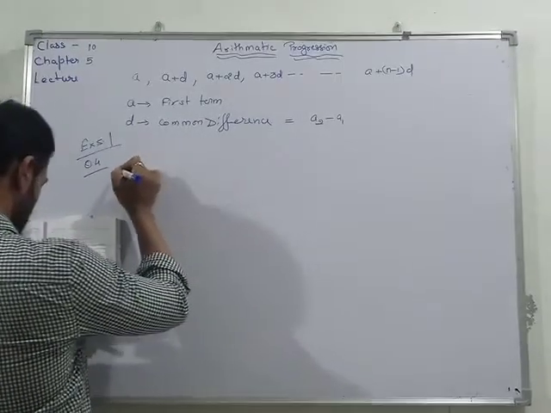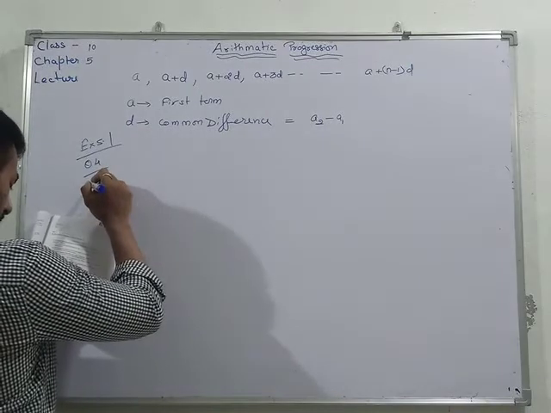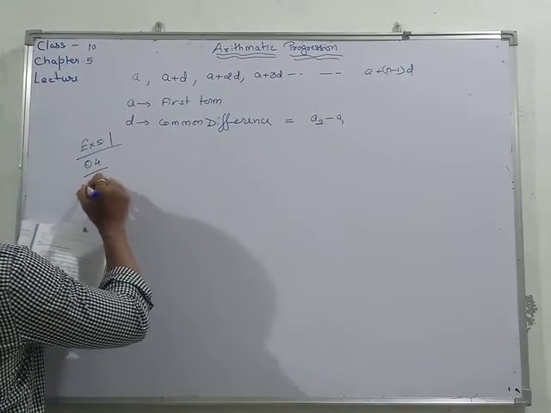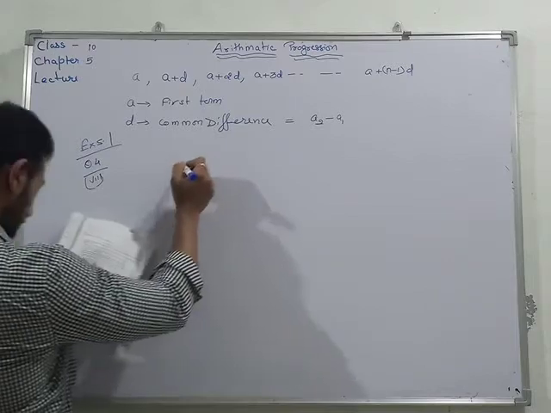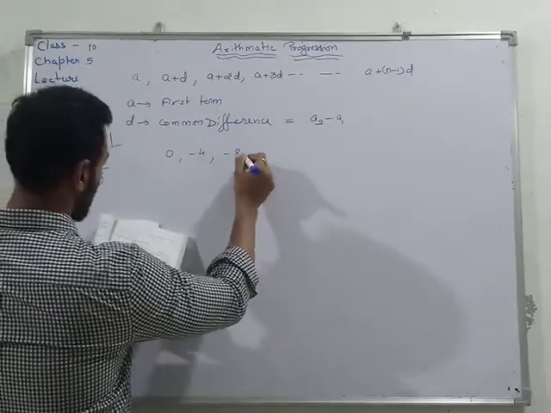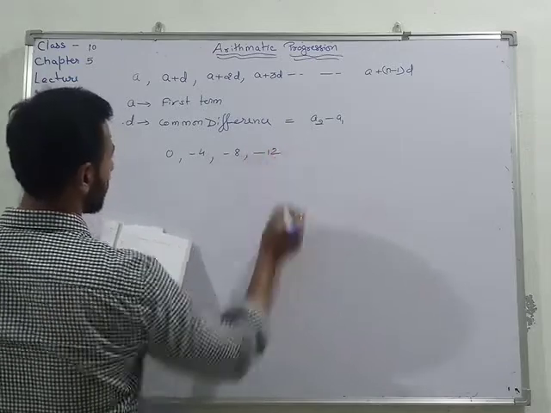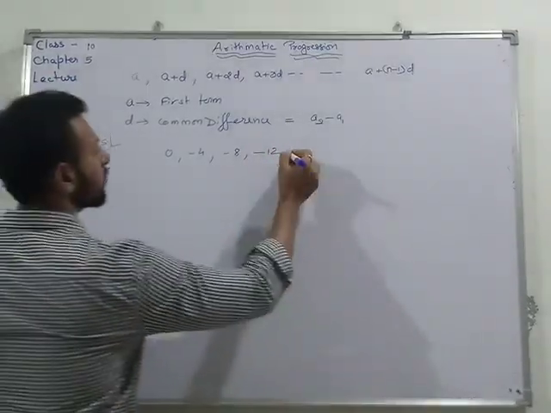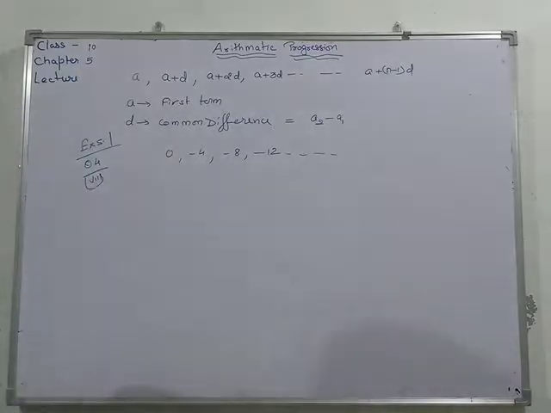This is the 7th part of it: 0, minus 4, minus 8, minus 12 and so on. First, we have to identify whether the given series is an arithmetic progression or not. For identifying this, we have to find out the common difference.